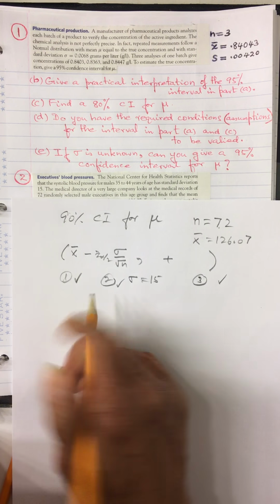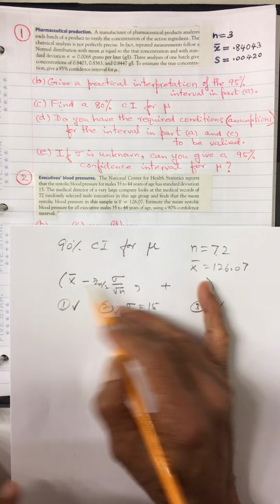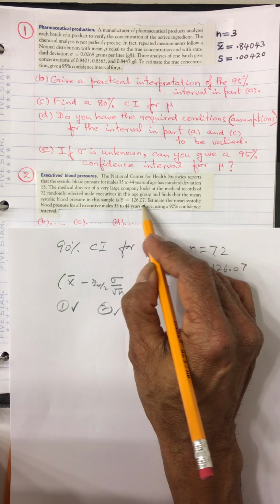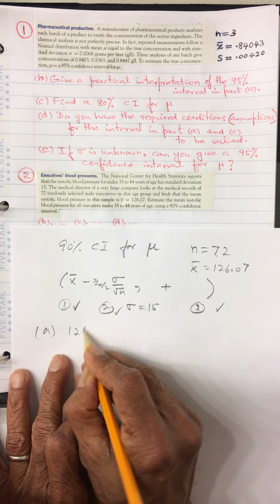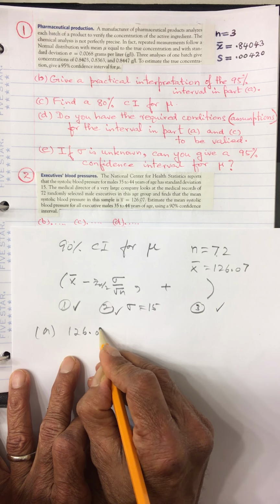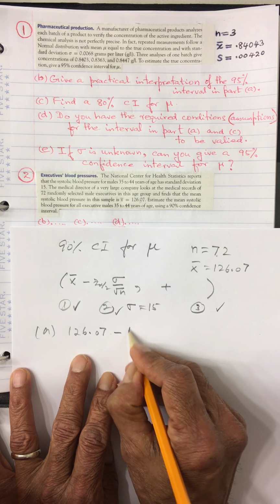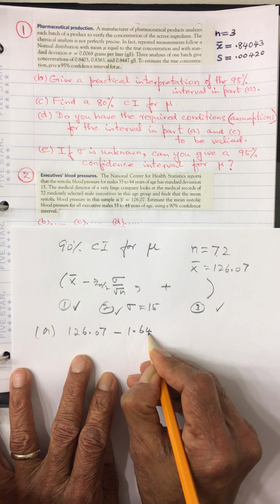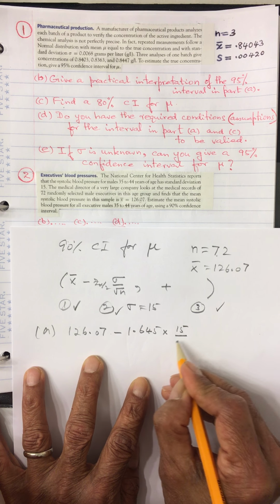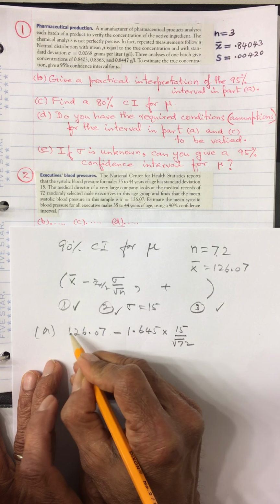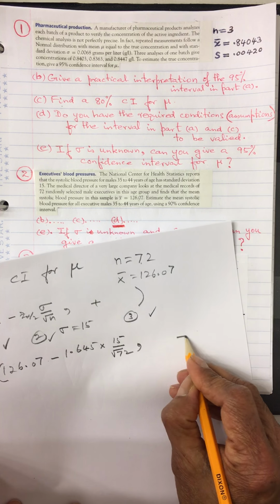So now it's a matter of using this formula. The X bar value is 126.07. So the answer for part A: 126.07 minus, for the 90%, 1.645 times the sigma, which is 15, divided by square root of 72, and the same thing with the plus sign.